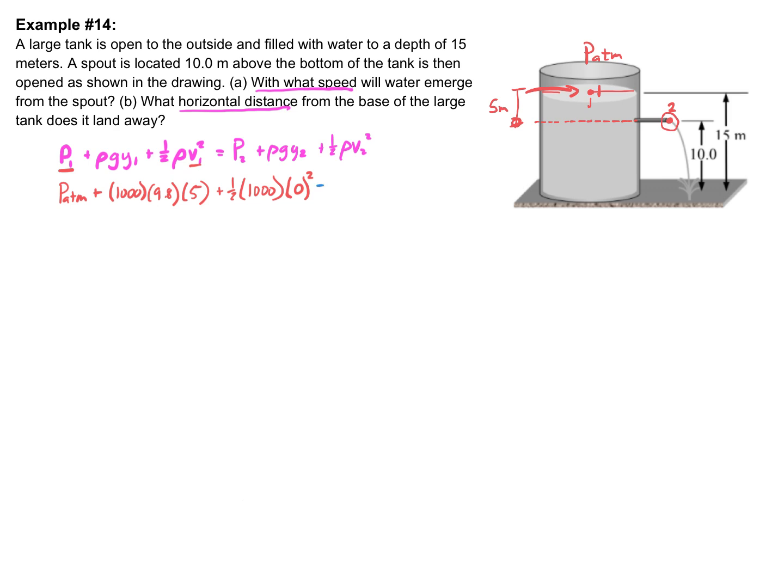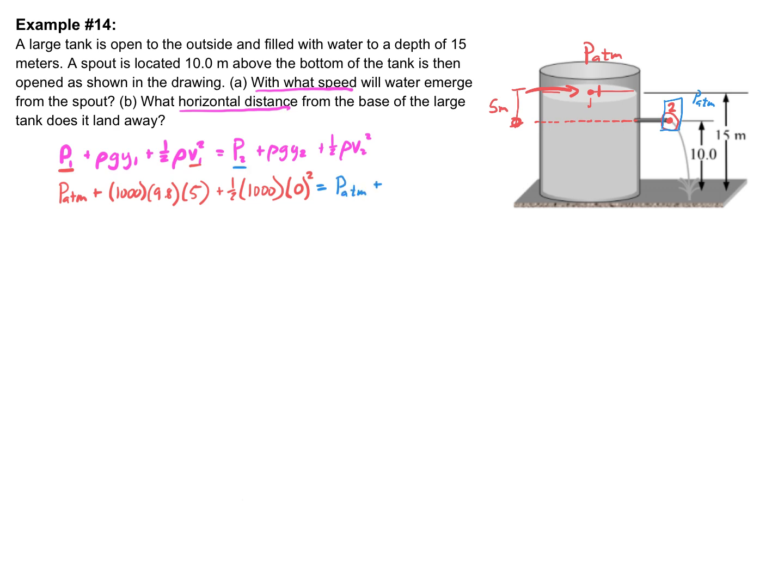Now we're then going to go equal to the pressure at 2. So 2 is going to be right outside of the tube. Now, if it's right outside, that means we're back to atmospheric pressure. All right? And so again, P2 is going to be atmospheric pressure right there.